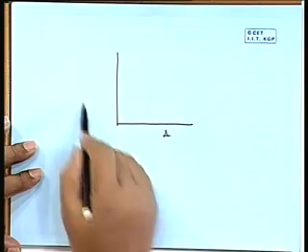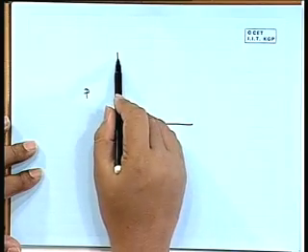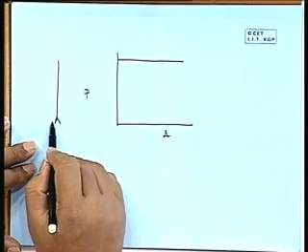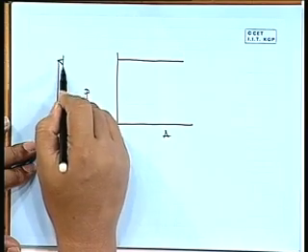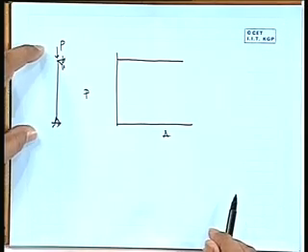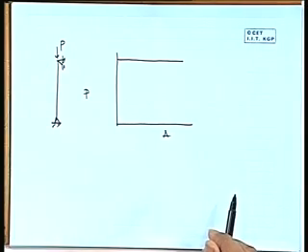Say this is delta, this is P, and there will be a column here, with a load P. Now we are talking about an ideal case: the cross section is entirely uniform, the load is absolutely through the centroid, and the support is absolutely perfect.